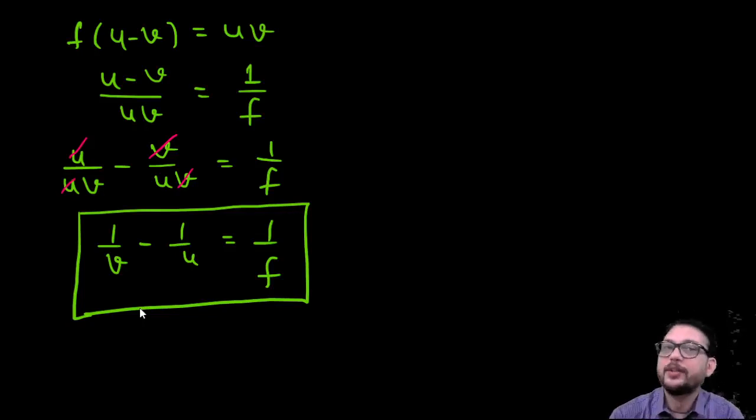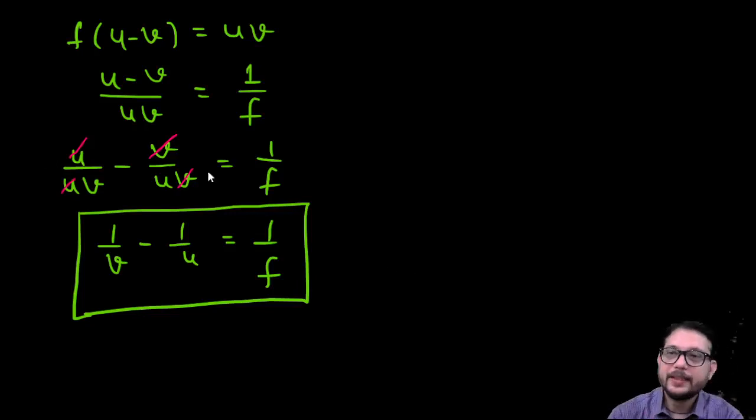In the same way you can easily derive the lens formula. Once again, this is the unique formula which establishes the relation between U, V and F.